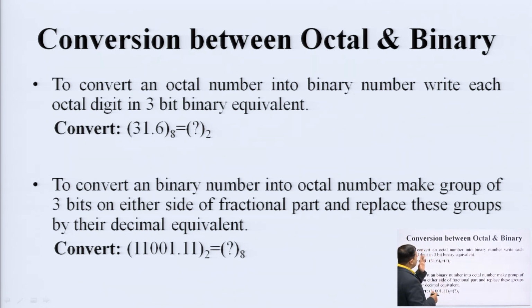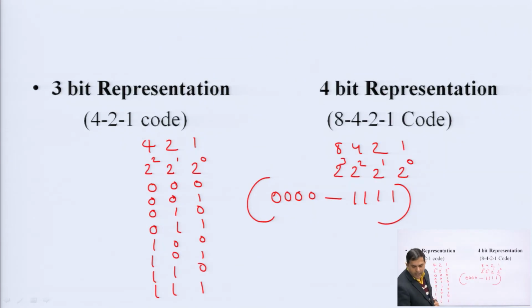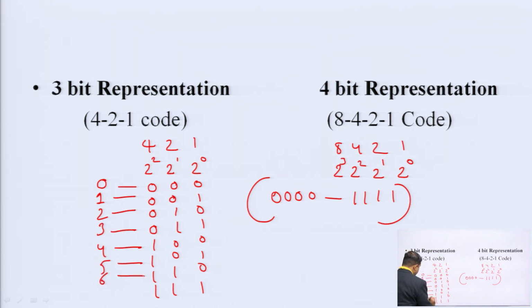If we are converting octal to binary, we will take groups of 3. In the previous slide you can see this is 0, 1, 2, 3, 4, 5, 6 and 7 in decimal, and this is the binary representation.